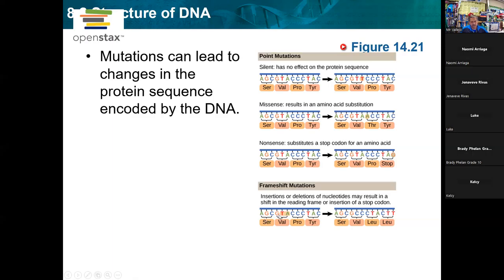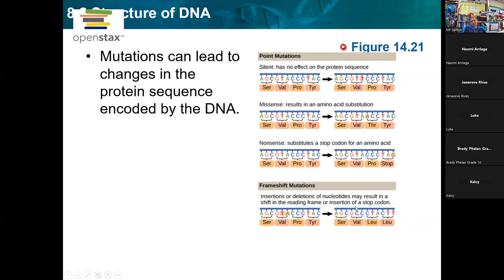So you have AGC, GTA. Over here, you have AGC, G. These two right here, these TAs got cut out. So GCC. So it's as if the T and the A got taken out, and then everything moves over two. And so when you move over two, if you look at the order of the amino acids, it's totally different amino acids now.